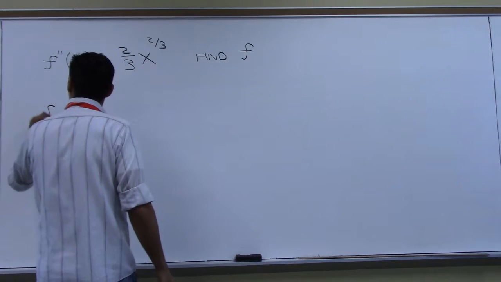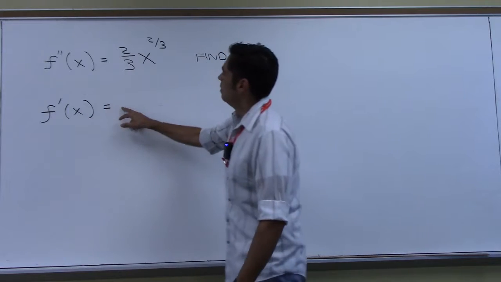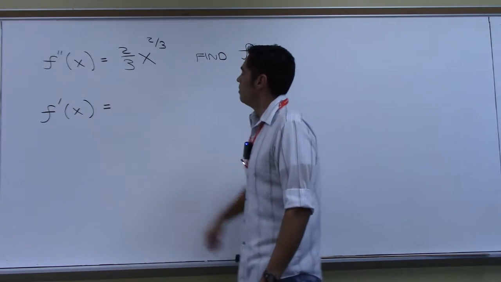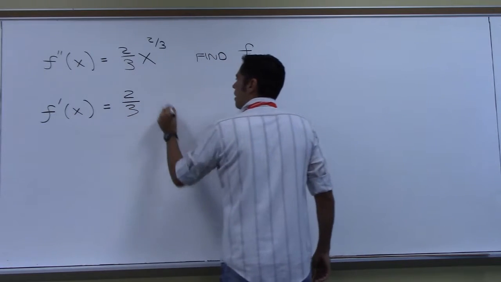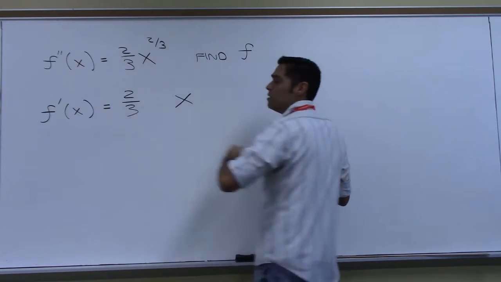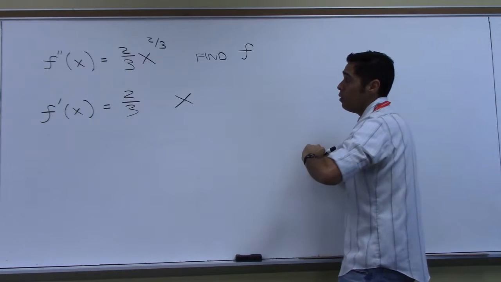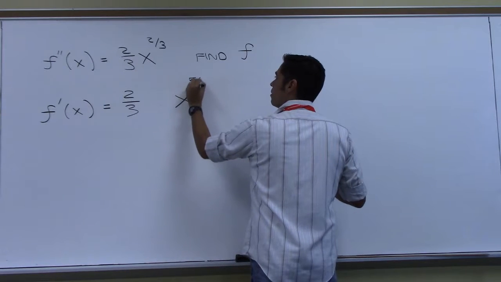So our first antiderivative will get us from f double prime to f prime. I bring the 2/3 down and then I'll have x raised to a power, but I'm going to add 1 to that. So 2/3 plus 1 is 5/3.